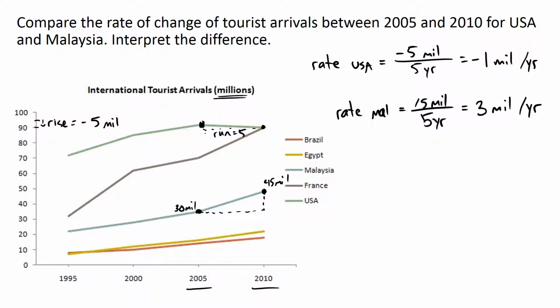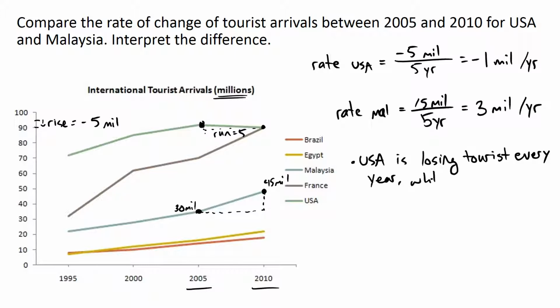So how do we interpret this difference? Well, what I would say is the USA is losing tourists every year.